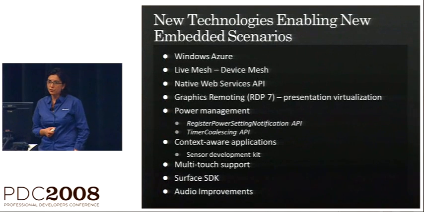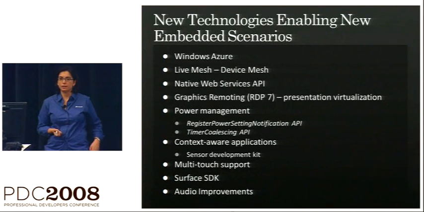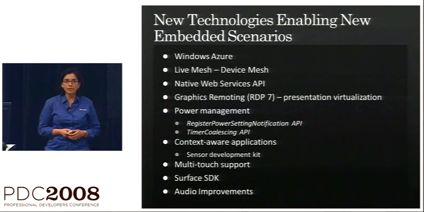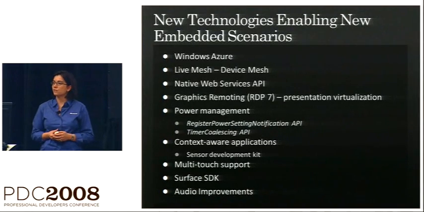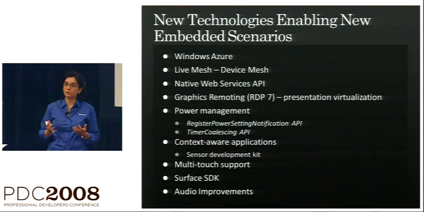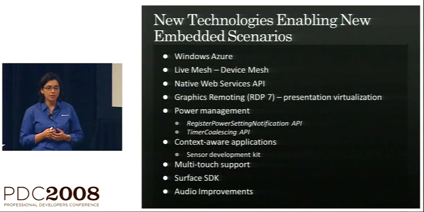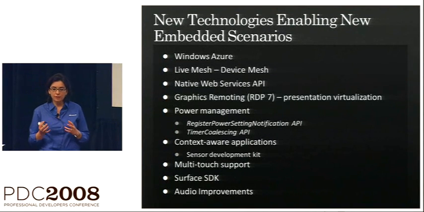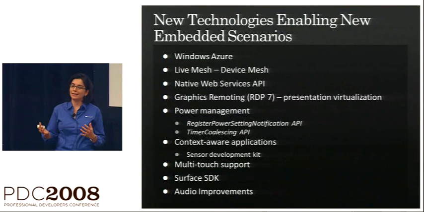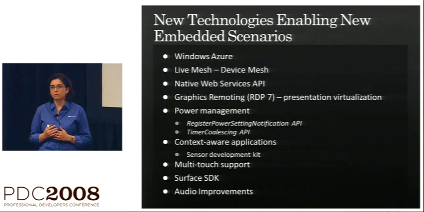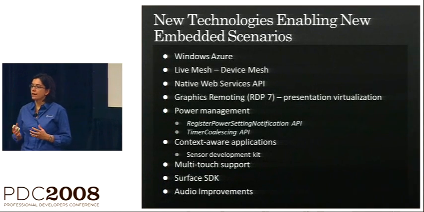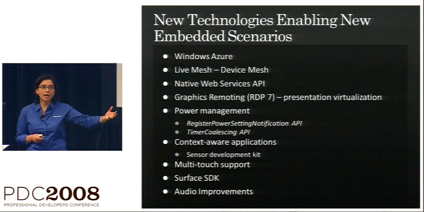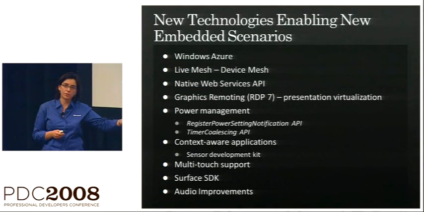Now, another feature is graphics remoting, RDP7. And there was a great talk today that talked about how presentation virtualization in RDP7 enables new presentation remoting scenarios. So let's imagine a thin client that you put in a data center, right, that has to act maybe as a voice over IP device and connect to a backend server to access some line of business applications.